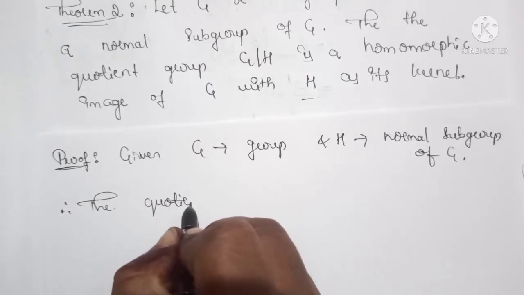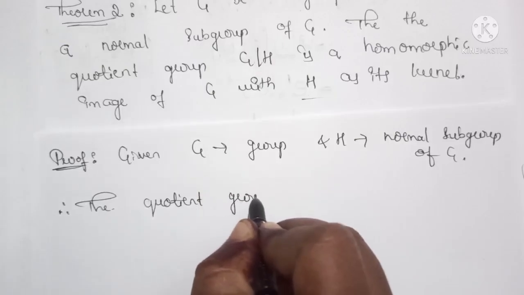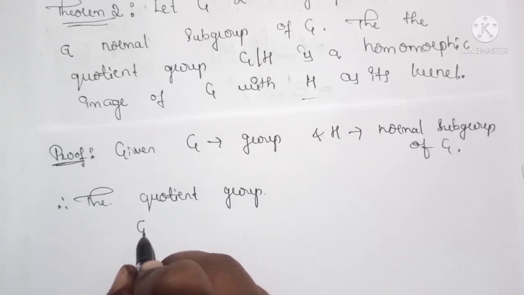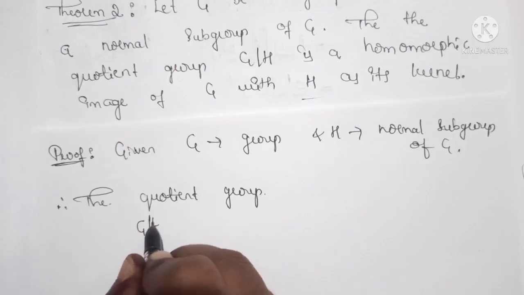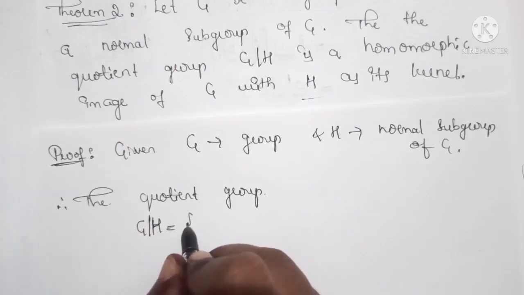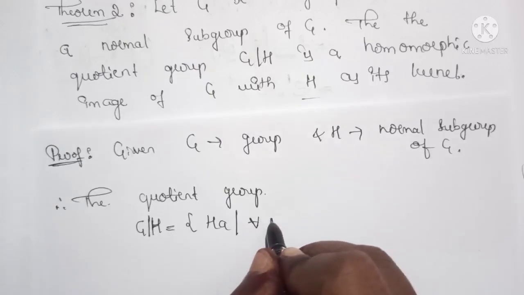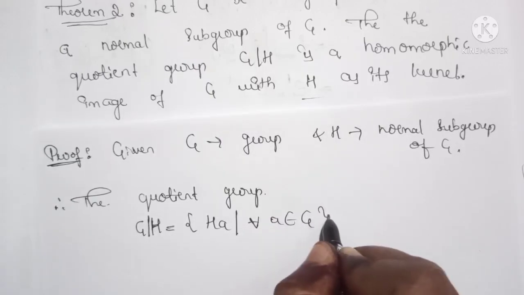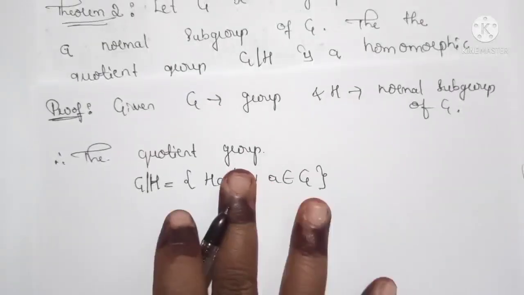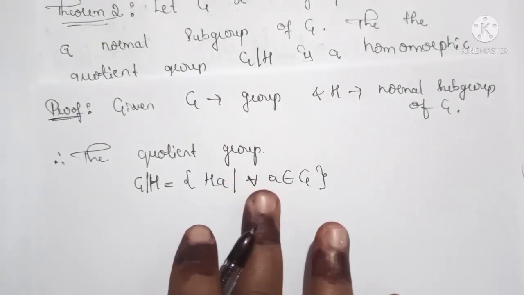The quotient group G by H is equal to the cosets HA for all A belongs to G. This is by the definition of quotient group.